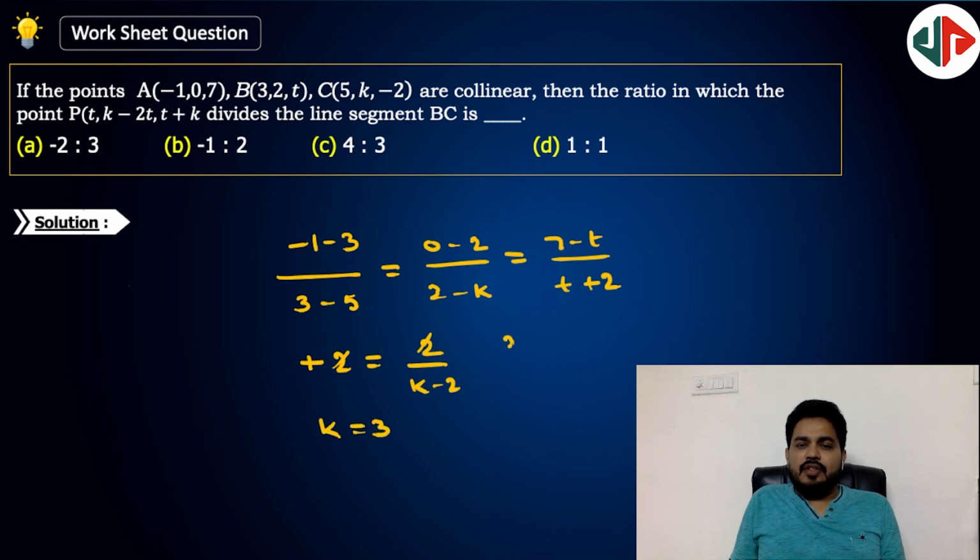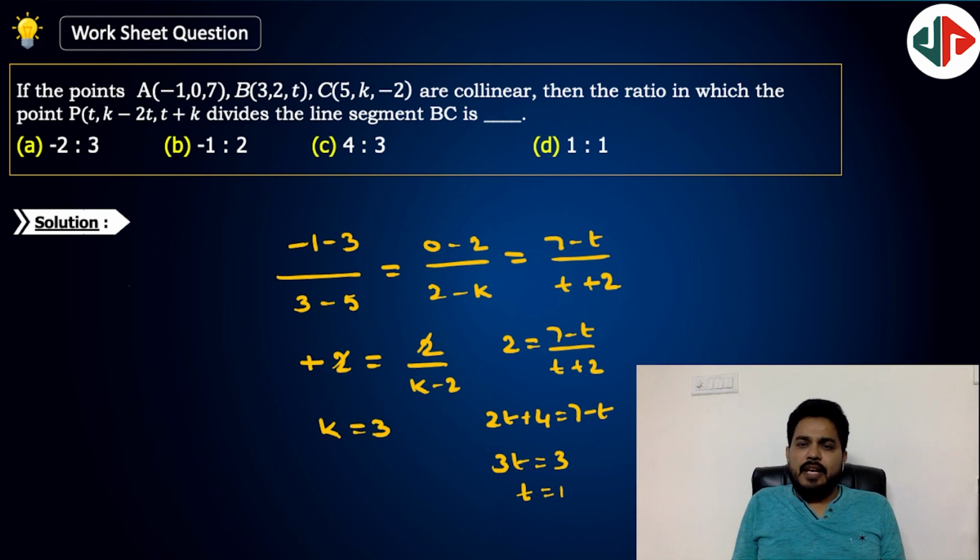Next one: 2 is equal to (7 minus t) by (t plus 2). 2t plus 4 is equal to 7 minus t. 3t is equal to 3. t is equal to 1.